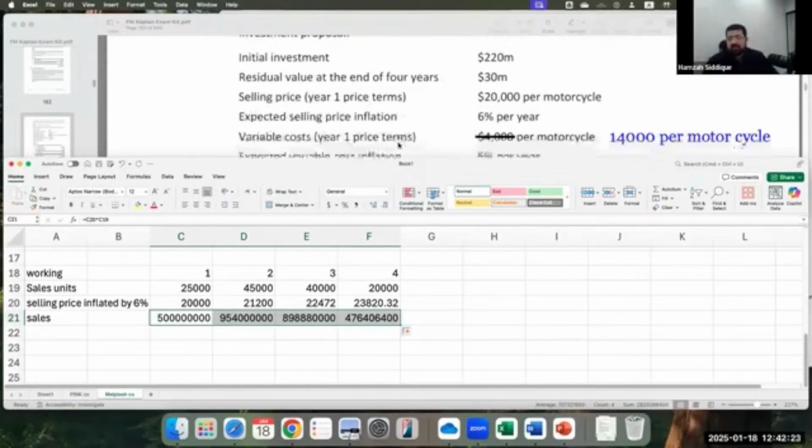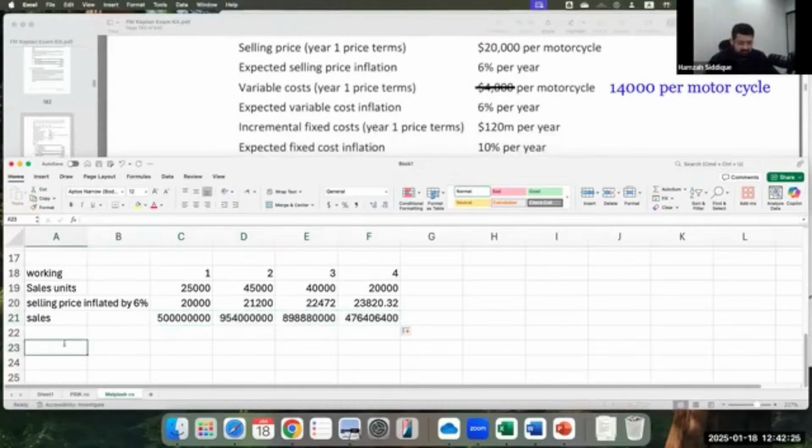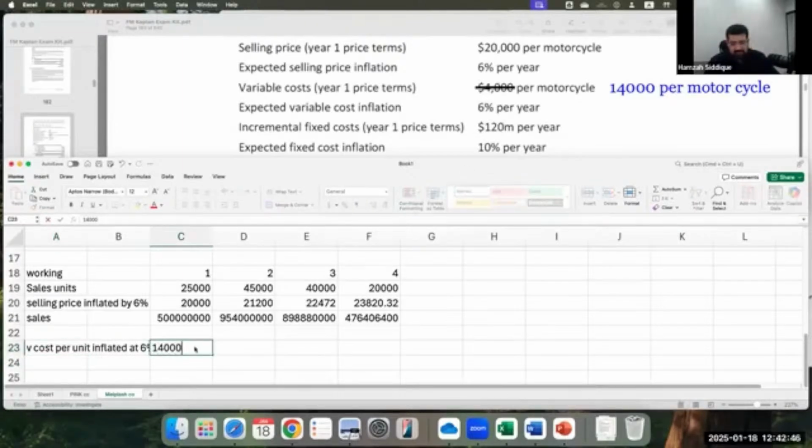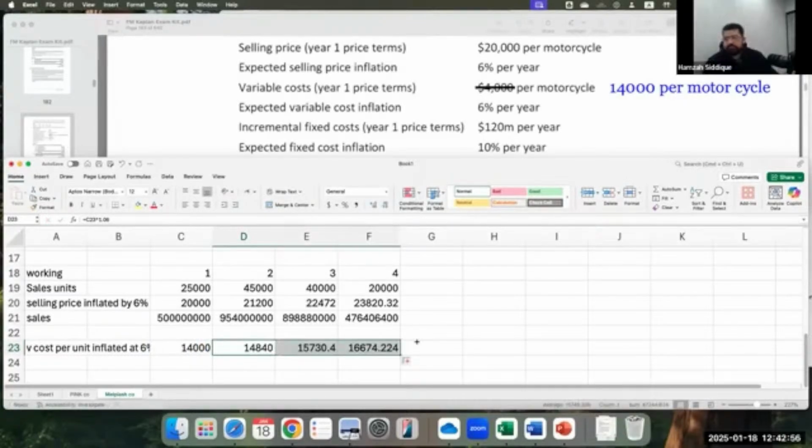Then variable cost per unit. In year one, 14,000, inflated at 6%, so 14,000 into 1.06.